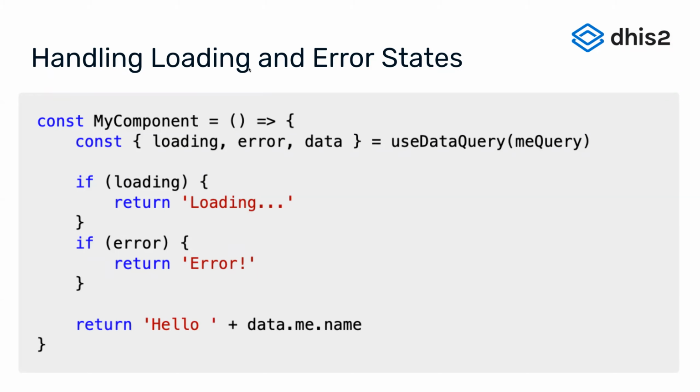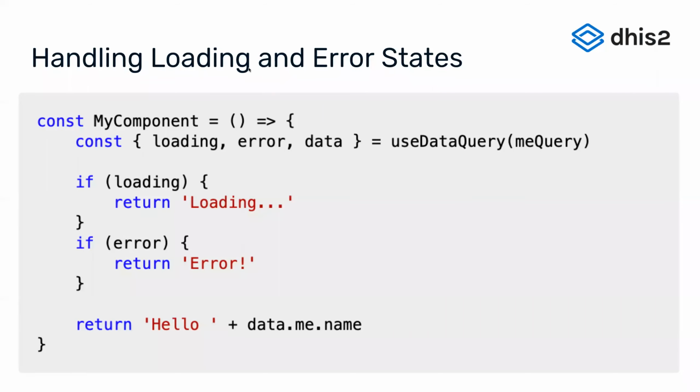The difference is that React will actually call this whole function multiple times. So the useDataQuery hook can actually tell React to call your function again with different responses to that hook. I'll go through how that exactly works, but basically this means that every time this function is called, it will have a specific value for loading, error, and data, but it might be called multiple times.